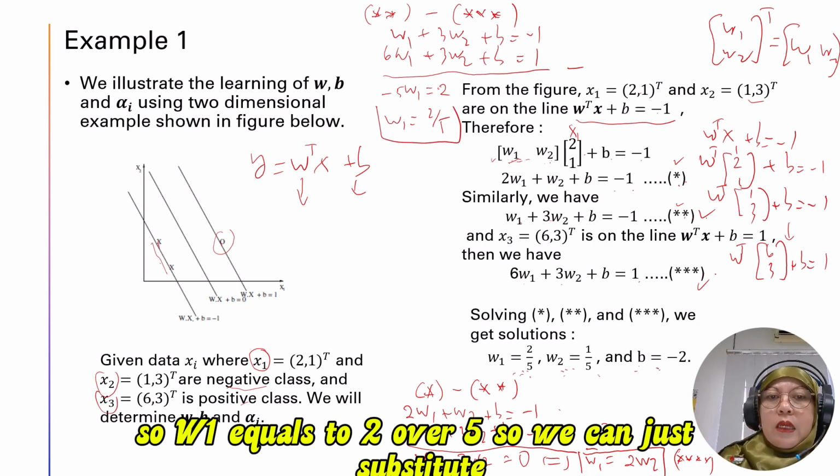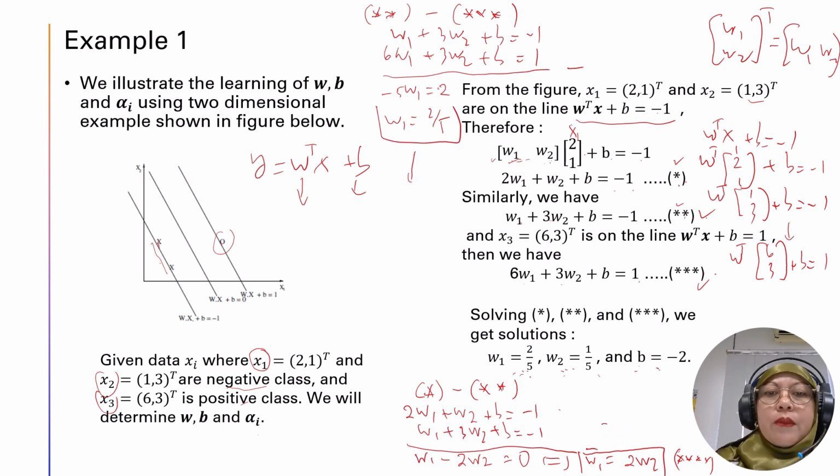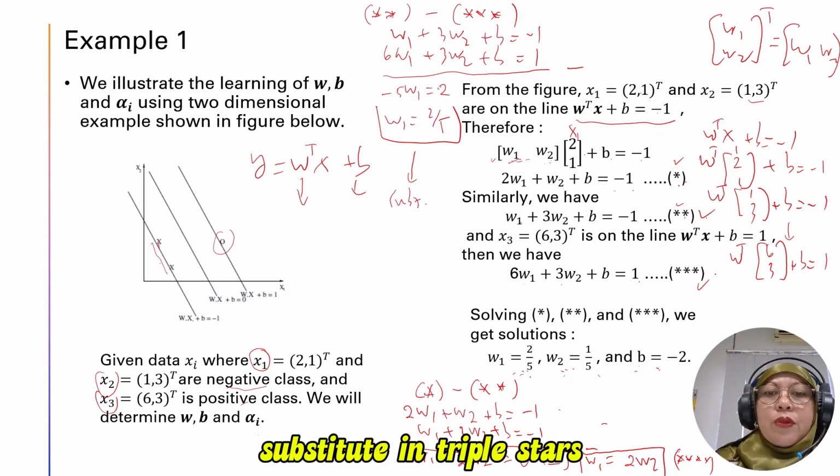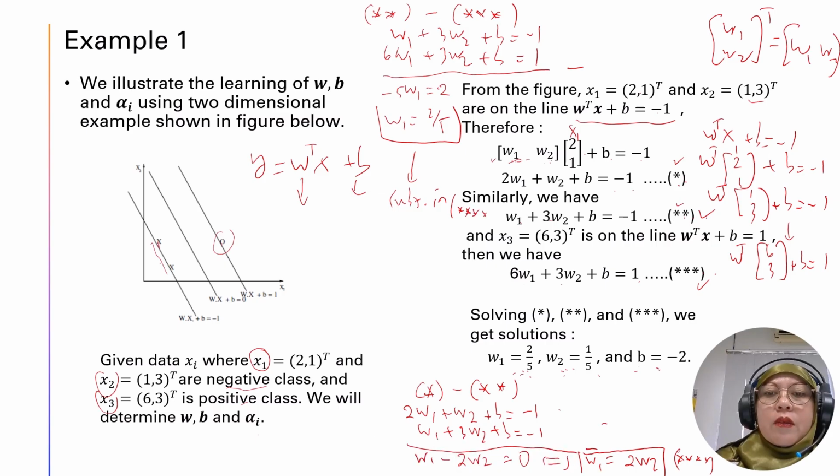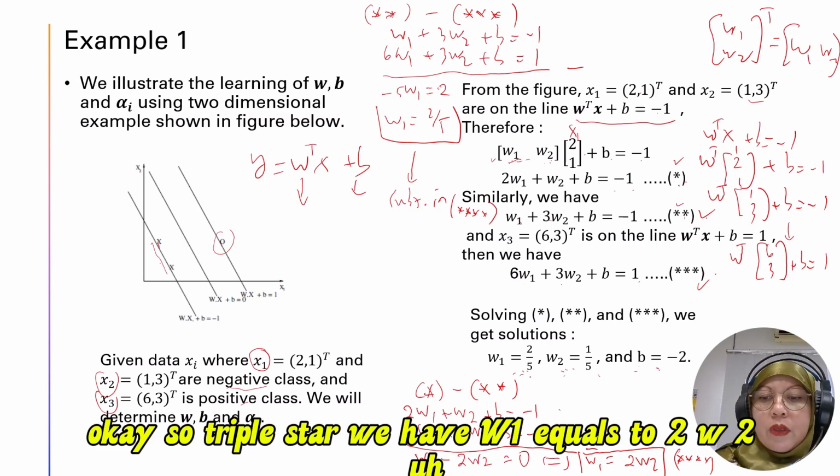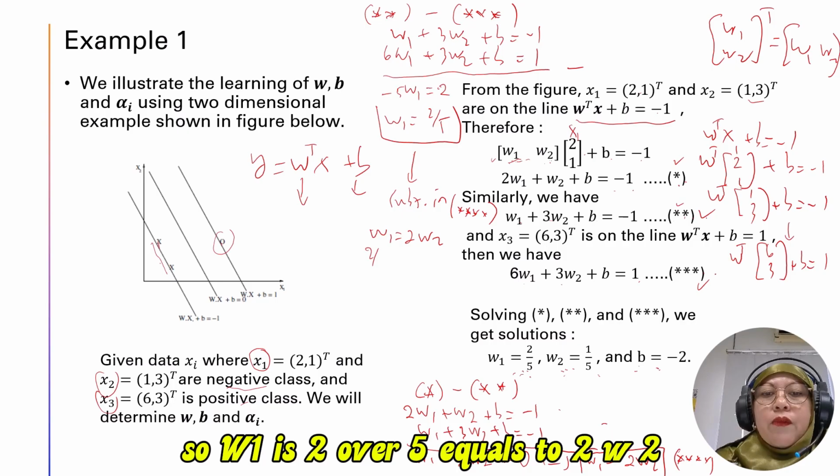So we can just substitute in triple stars. Okay, so triple star we have W1 equals to 2W2. So W1 is 2/5 equals to 2W2.